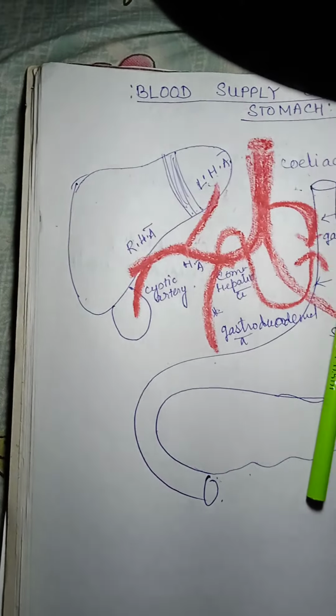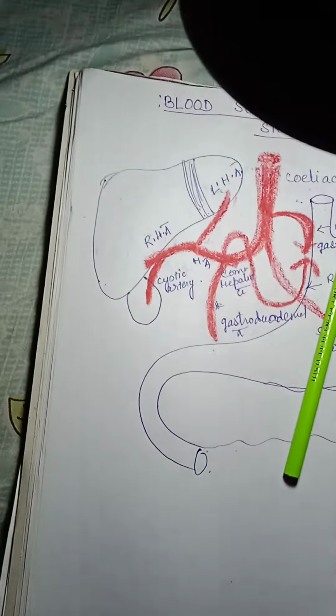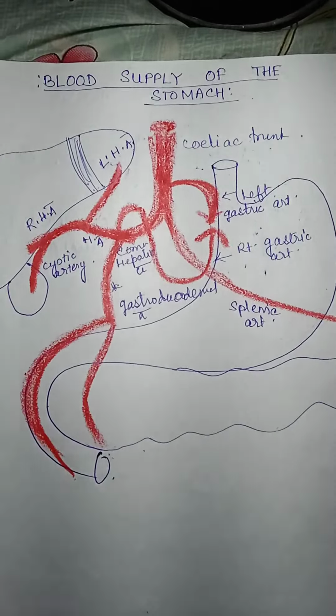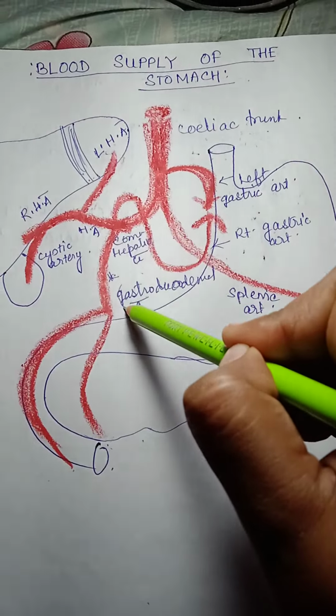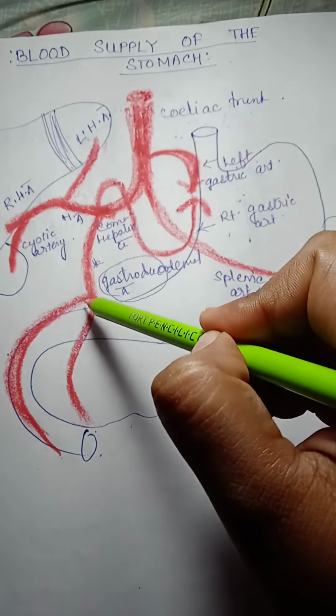Now my point is, what happens to the gastroduodenal artery? The gastroduodenal artery divides into three branches actually.